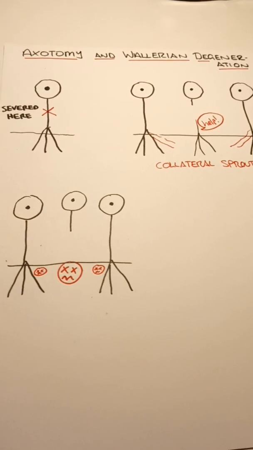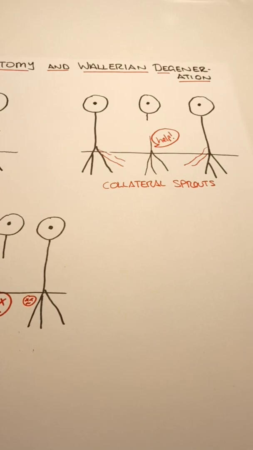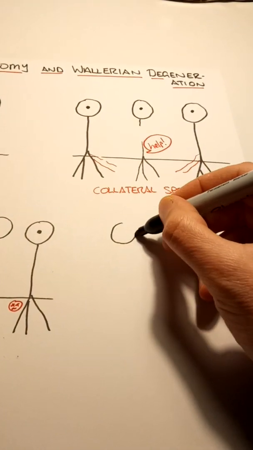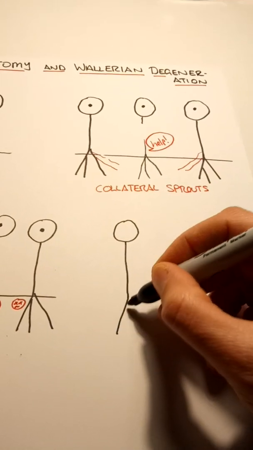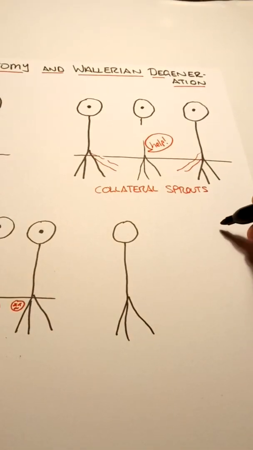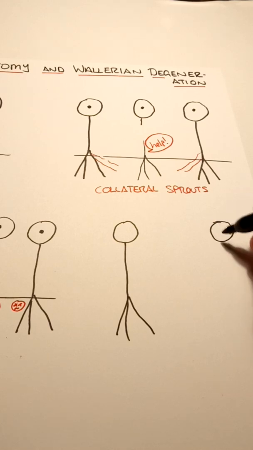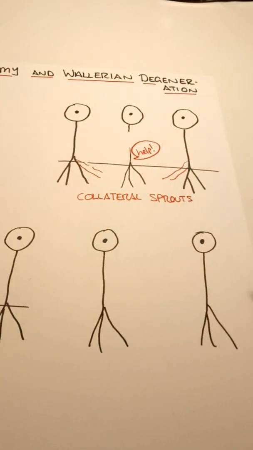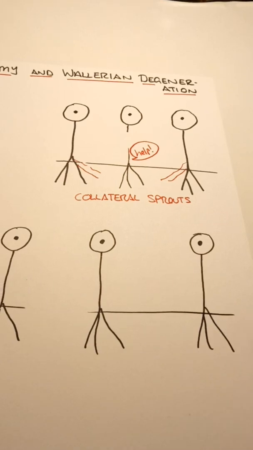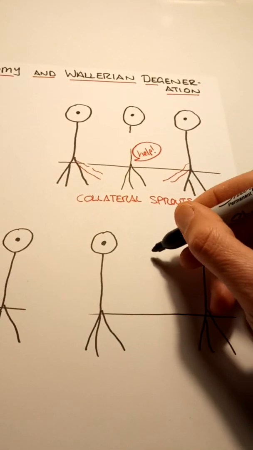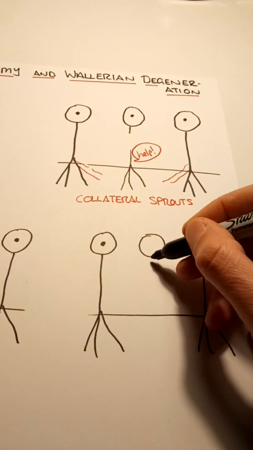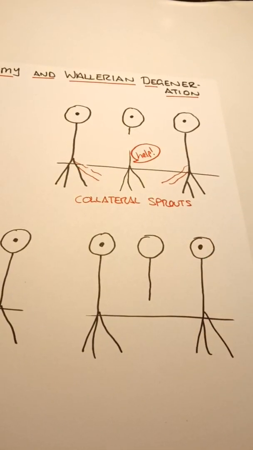And then what happens? So, this is the clever bit. There we go. 1, 2. And then you've got your chap in the middle, and his proximal end regrows.